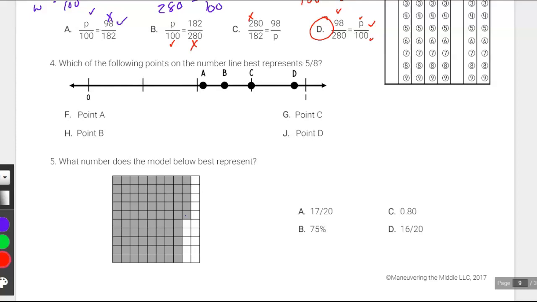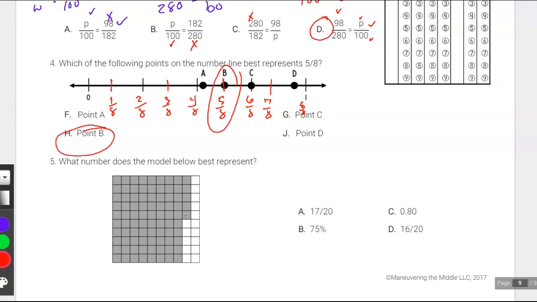I'm going to split each one of those in half. 1, 2, 3, 4. And that's roughly in half. I know it's not exact, but that's okay. So we have 1/8, 2/8, 3/8, 4/8, 5/8, 6/8, 7/8, and then the 1 would be 8/8. So it looks like point B is my winner.